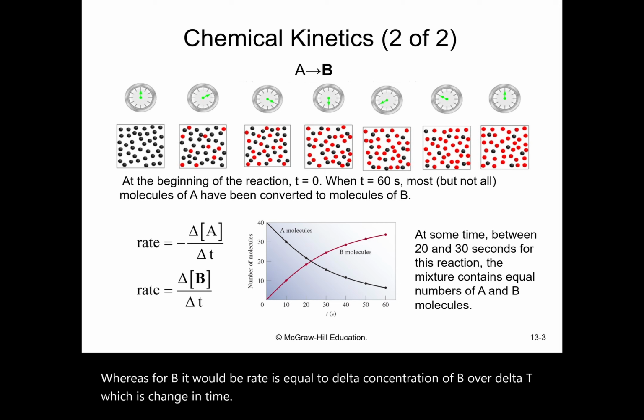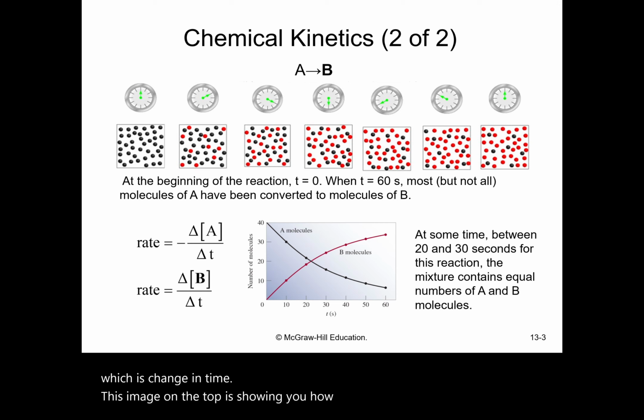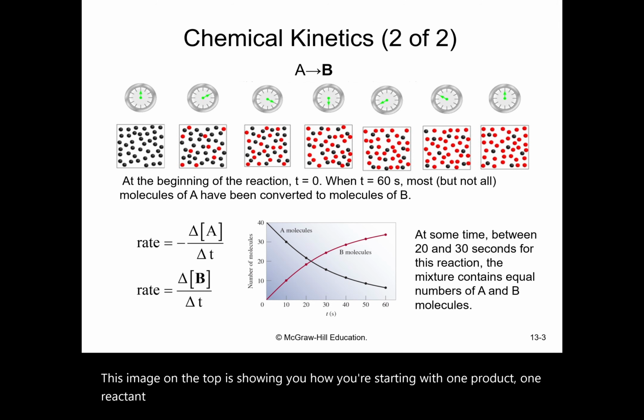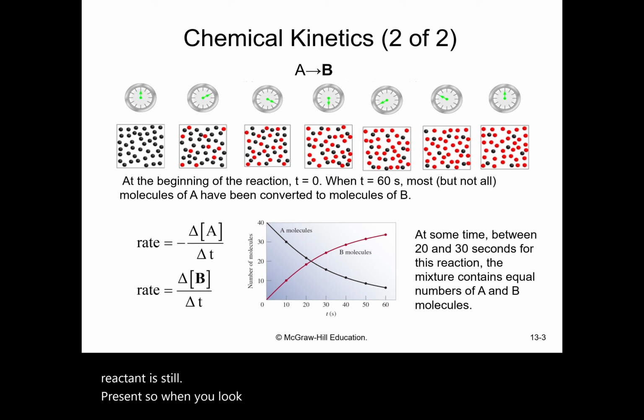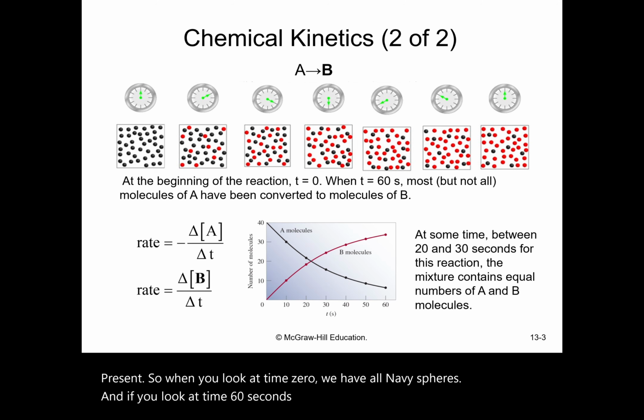This image on the top is showing you how you're starting with one reactant, and towards the end you are creating a product, but some of your reactant is still present. So when you look at time 0, we have all navy spheres, and if you look at time 60 seconds, most of the navy has converted to the red, but there's still some navy present.